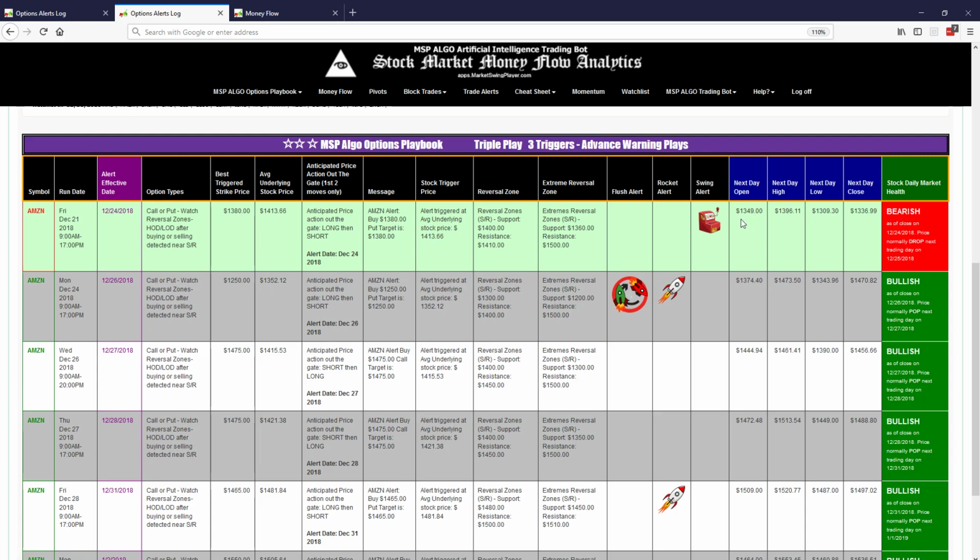So we can see that price did drop here to a low, and then it said that you're looking to go long below extreme reversal zone support. So you're looking to go long below 1360 once you see buying pressure. Okay, so this is the 24th.